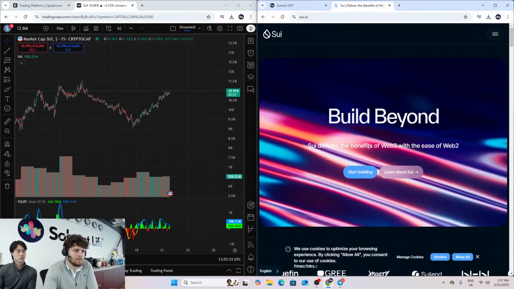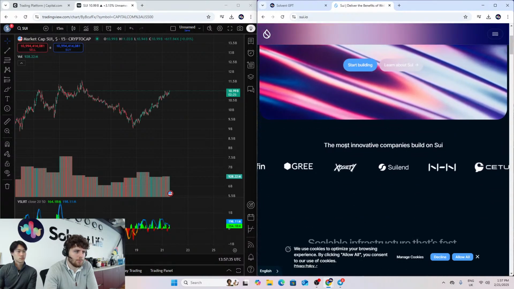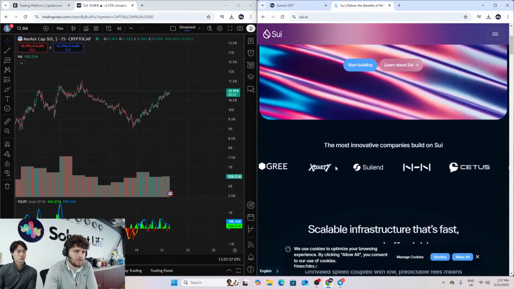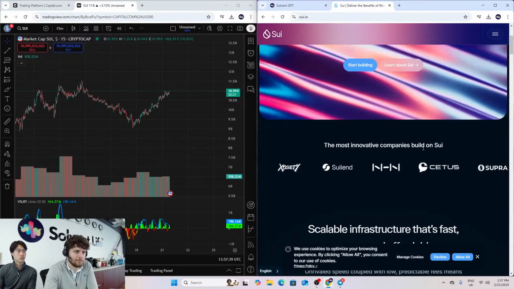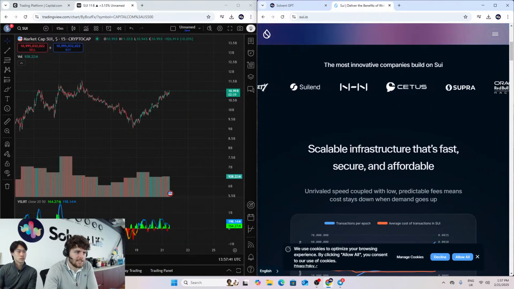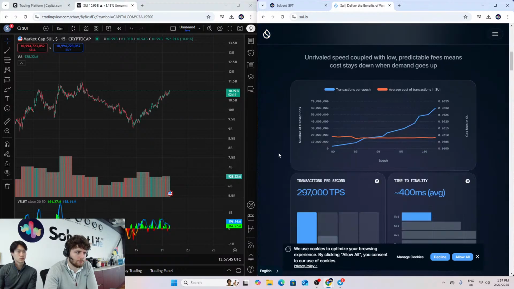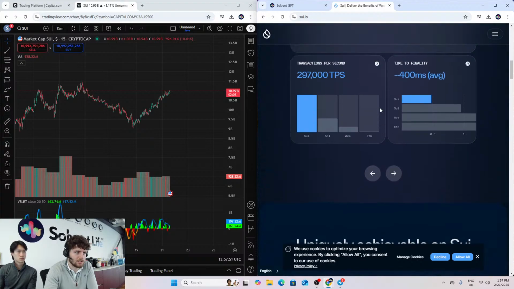Sui delivers the benefits of Web3 with the ease of Web2. Some innovative companies built on Sui. Scalable infrastructure that's fast, secure, and affordable. Average cost of transactions in Sui.